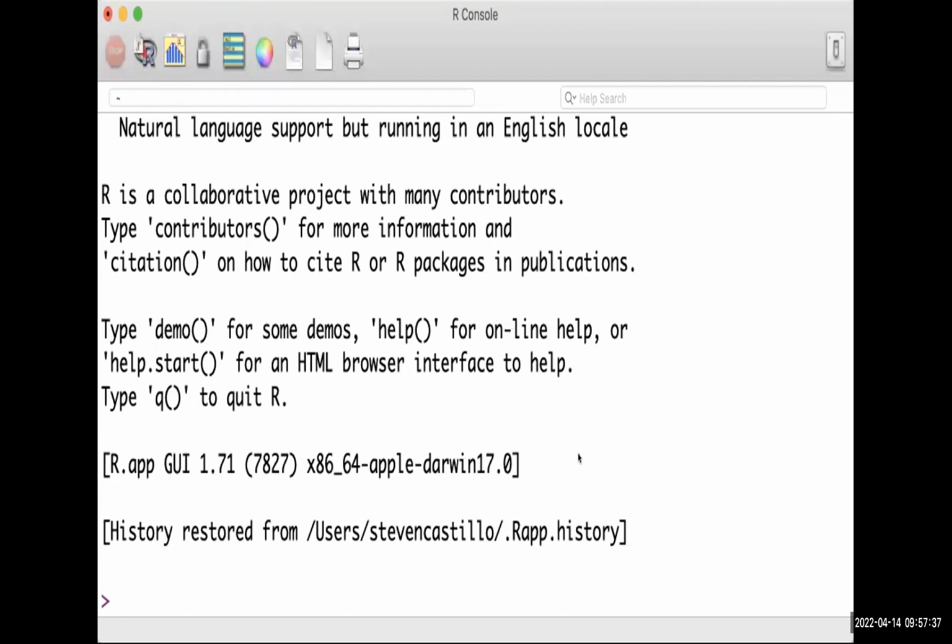Let me type that into R. So I have pnorm of negative 1.46 minus pnorm of negative 3.02.